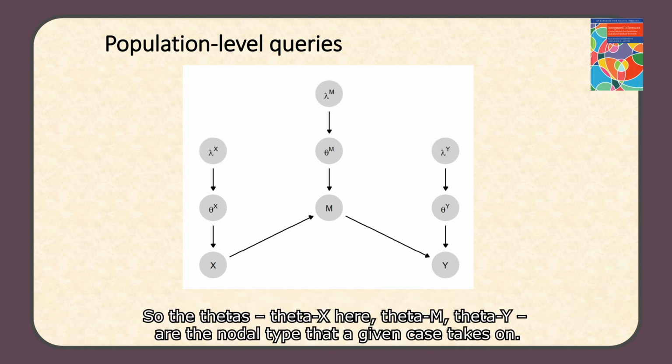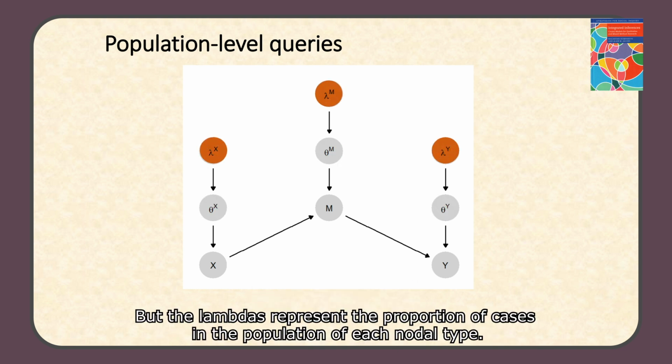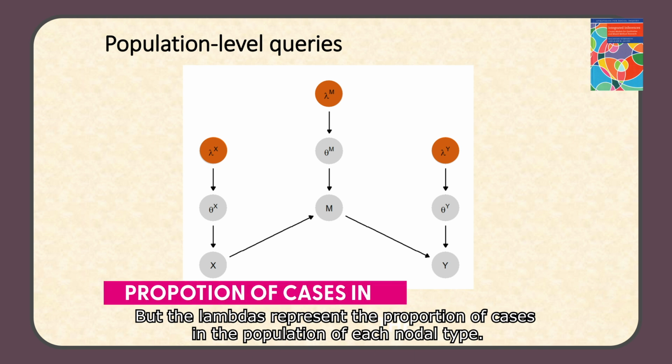So the thetas, theta x here, theta m, theta y, are the nodal type that a given case takes on, but the lambdas represent the proportion of cases in the population of each nodal type.